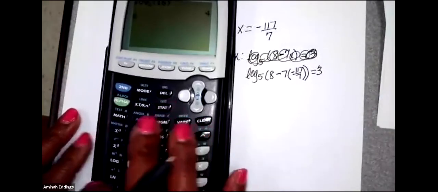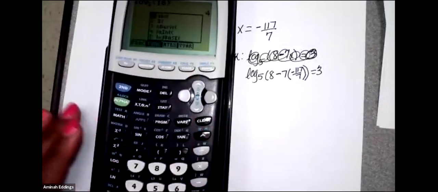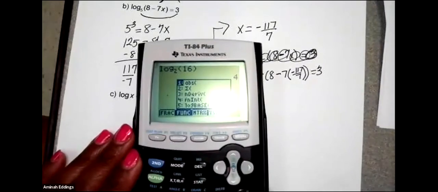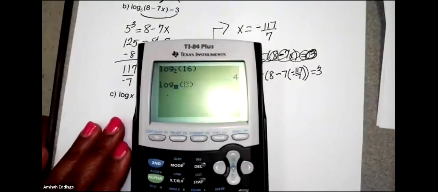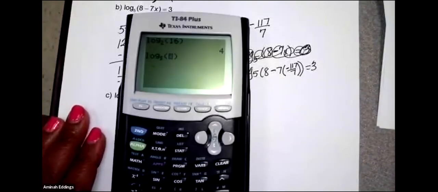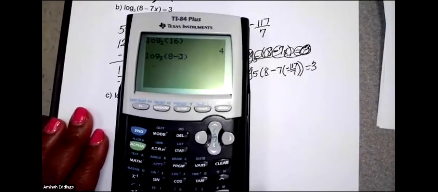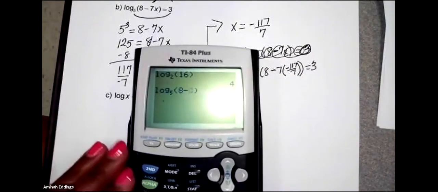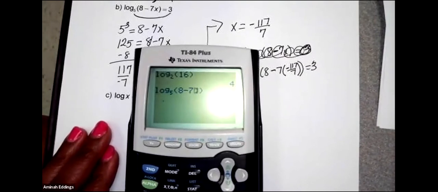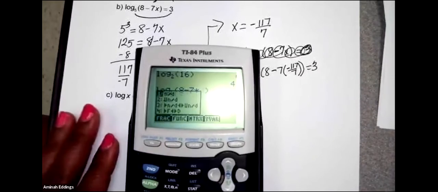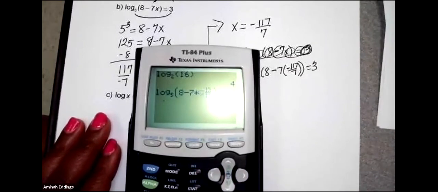So alpha y equals, alpha window. Moving too fast. Number 5. So my base is 5. And then inside my parentheses, I have 8 minus 7 times my x, which was negative 117 over 7. So I need to go get a fraction. Alpha y equals.